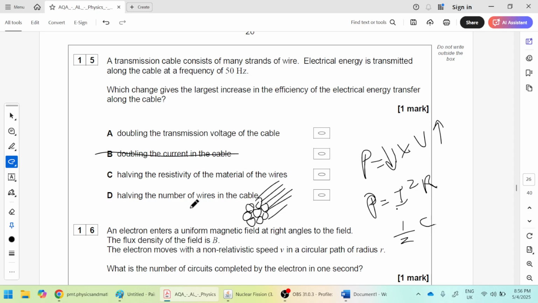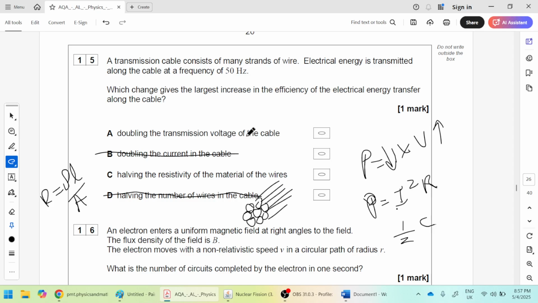So if you halve the number of wires, looking at the resistance R equals rho L over A, if A becomes half, resistance becomes doubled. If resistance doubled, the power loss doubles. So it's actually going to make more heat power get lost. So this one is definitely out, right? It decreases the efficiency.